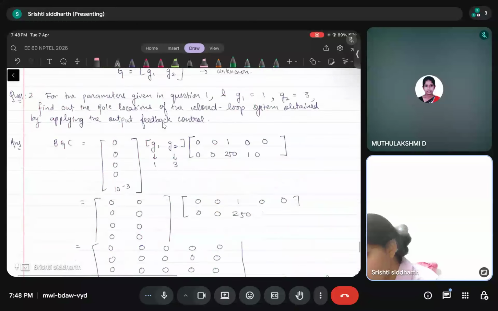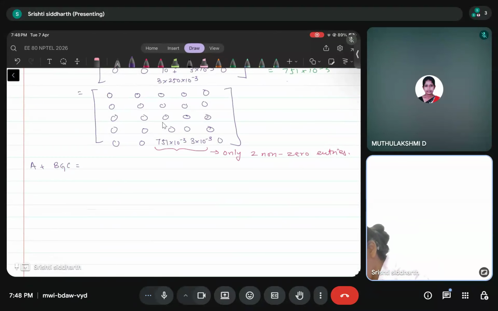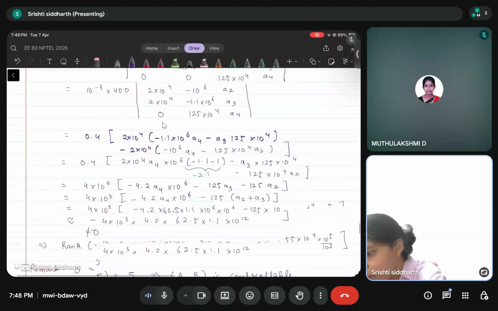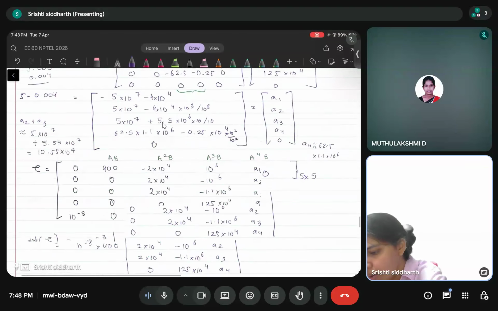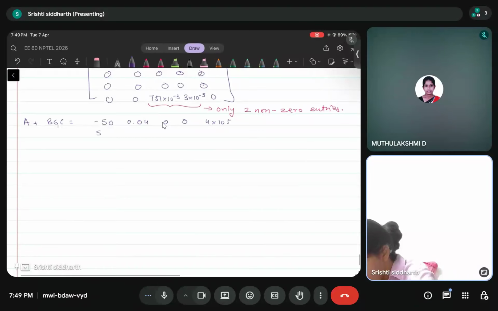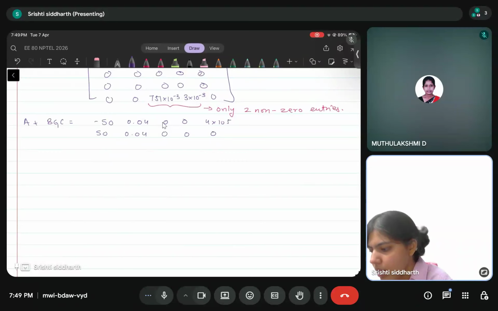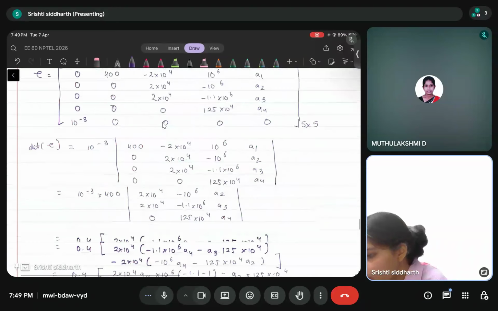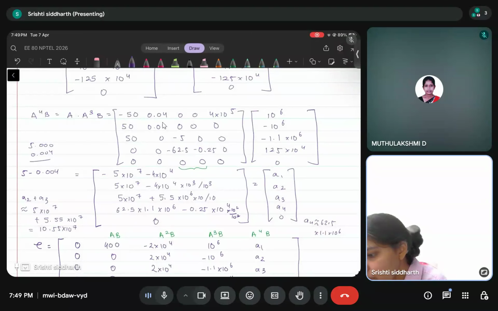Minus 50, 0.04, and this is 0, 0, and 5 into 10 to the power 4 into 10 to the power 5. Then it's 50 and 0.04. We have 50, 0, minus 5.